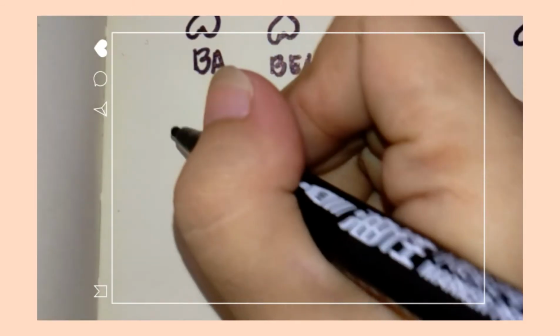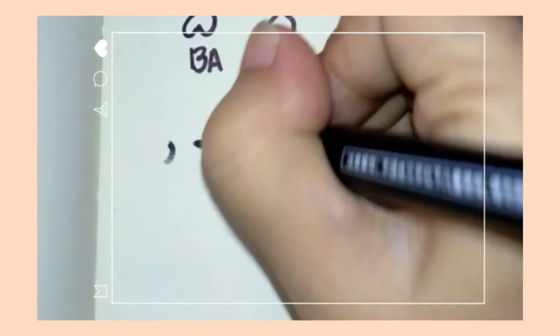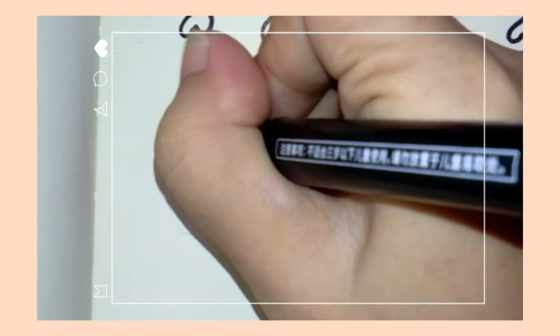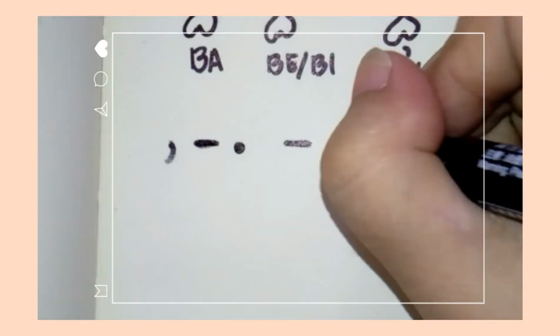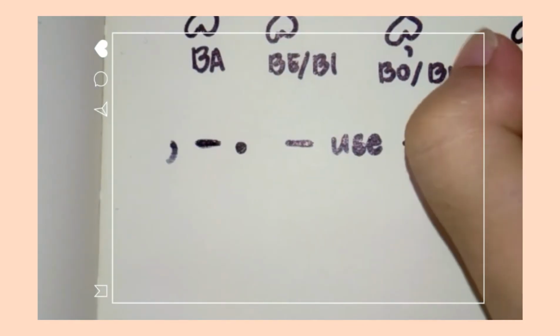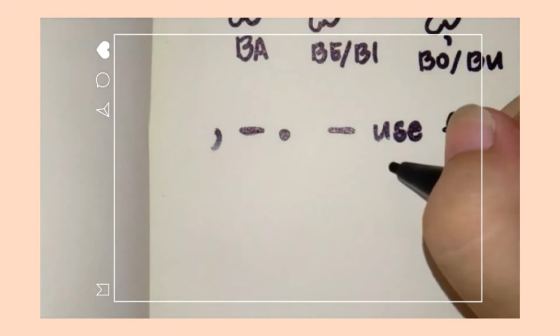So here are the different kudlits in the characters of the Baybayin. There is a kuwit, the dash, or the tuldok. It is used for E or I and then O or U, depending on the placement of these kudlits.